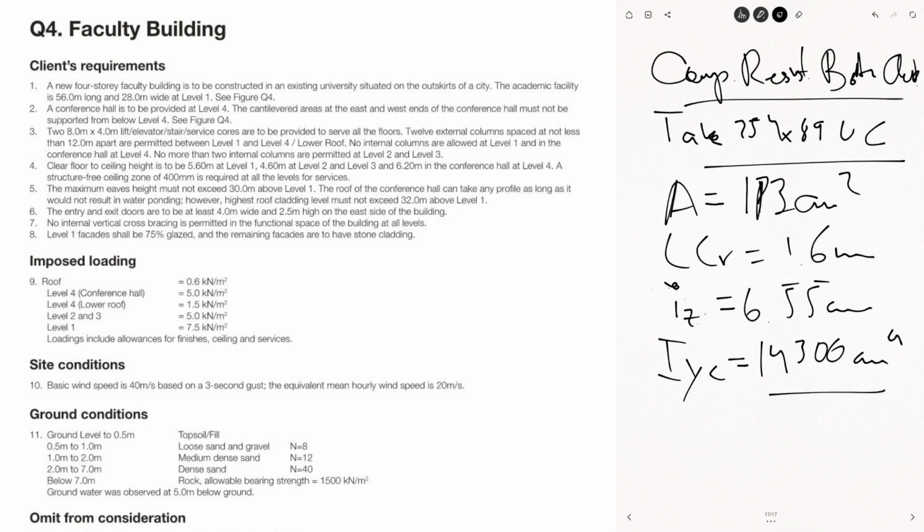All of this from the blue book, yeah? Now, what's the resistance to actual buckling then? My NRB is going to be the reduction factor because of buckling times the area times Fy.